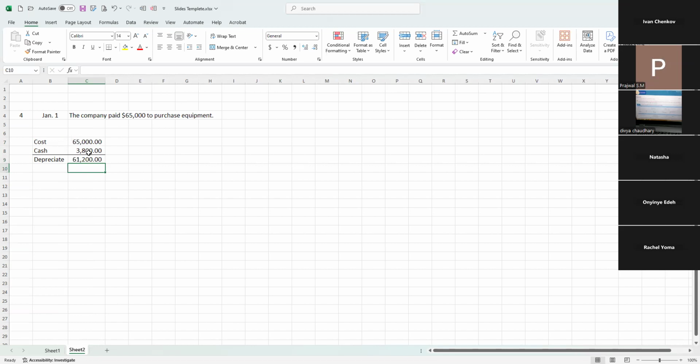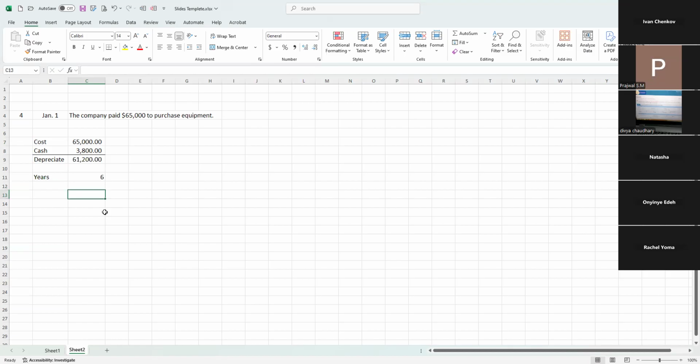Now the next question is, how long are we gonna use this equipment? They're saying we're gonna use the equipment 6 years. So every year we have to show depreciation expense year after year.